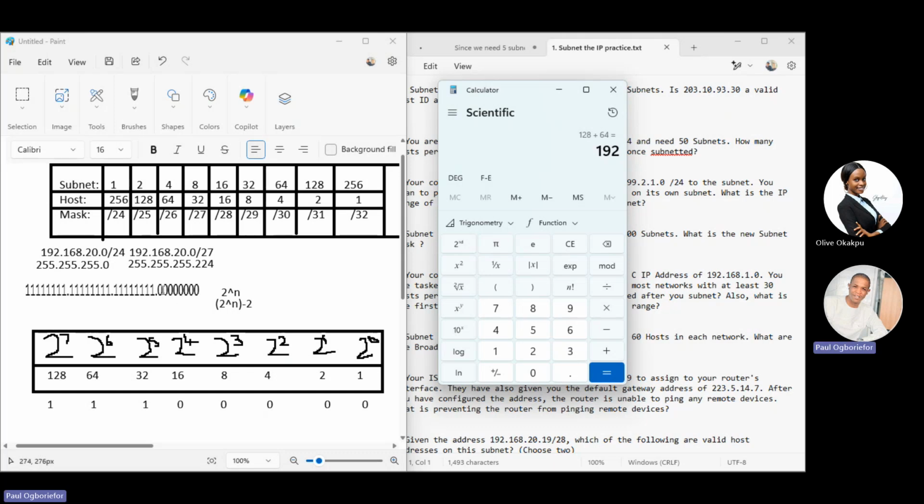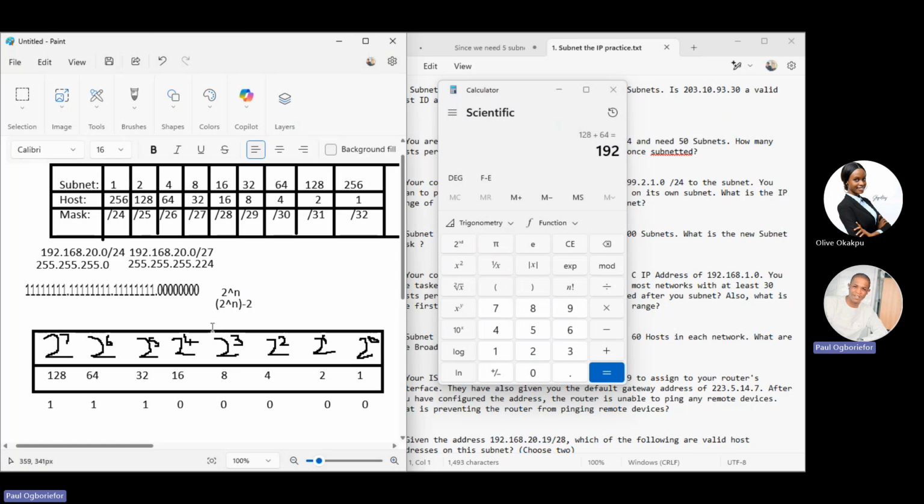If you take 1 out of the zeros, you are dividing the network into 2. If you take 2 away, the formula is still 2 raised to the power of n, which means you are dividing the network into 4 equal parts.